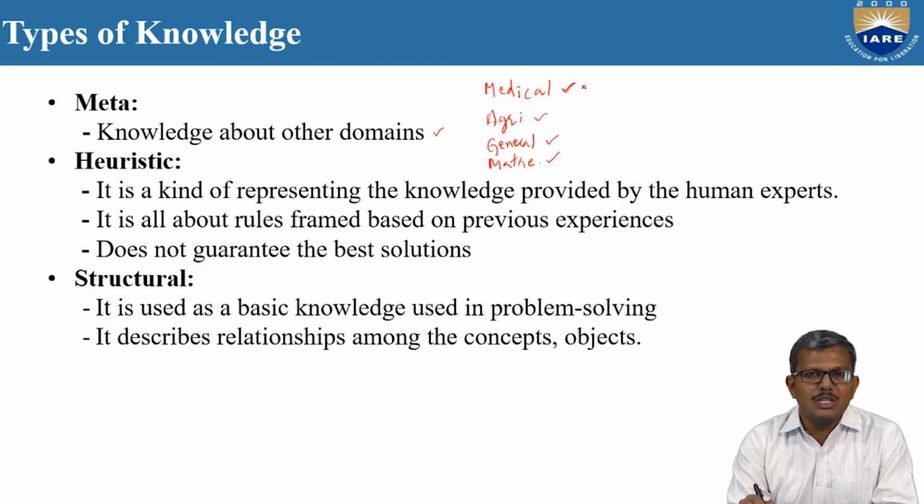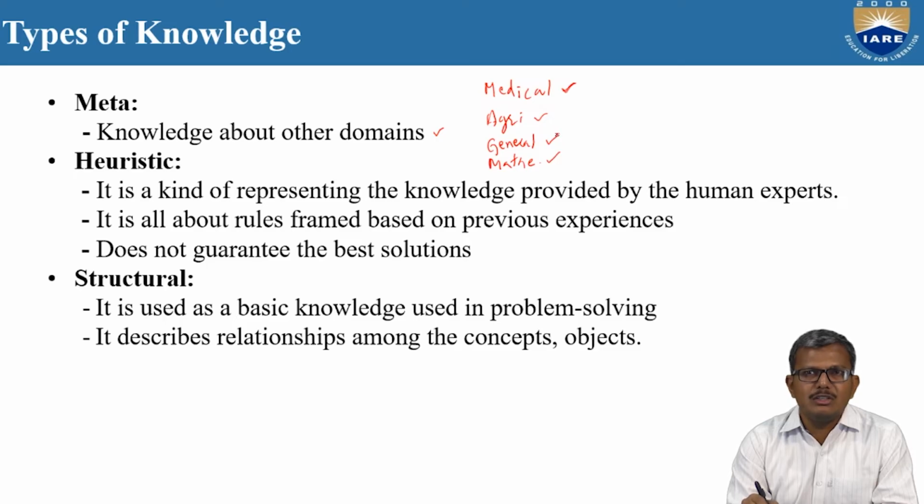Your knowledge base should have knowledge related to either medical, or agriculture, or mathematical theorem proving, like that. Don't try to club different information into a single knowledge base. While preparing the knowledge, you can collect knowledge related to different kinds of domains, but when you are trying to apply it, make sure that your knowledge base has knowledge related to only one particular domain.